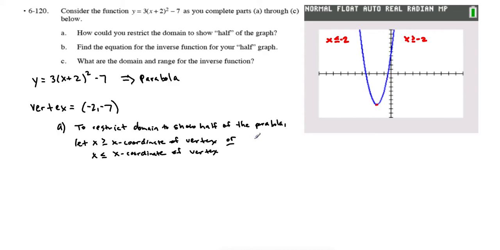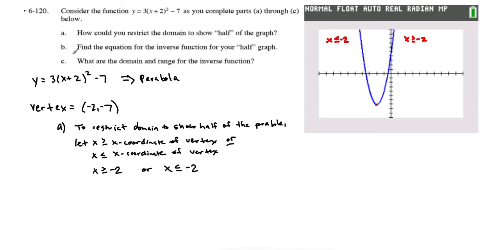So in this case, it would be x is greater than or equal to -2, or you could use x is less than or equal to -2. The reason we can do either is because there are two halves, and it doesn't tell us which half we want to restrict.